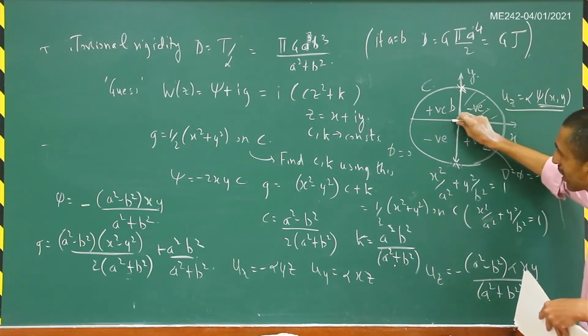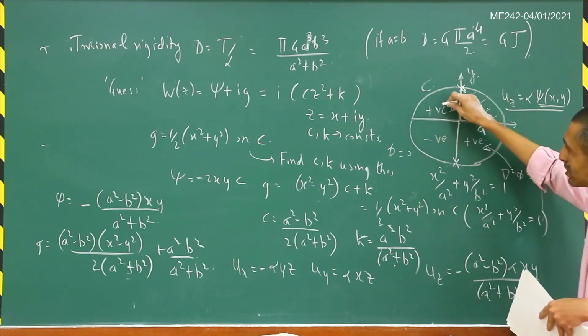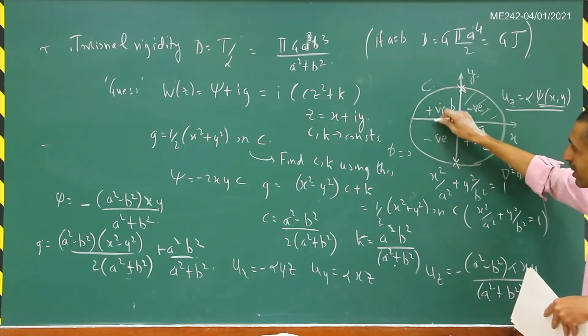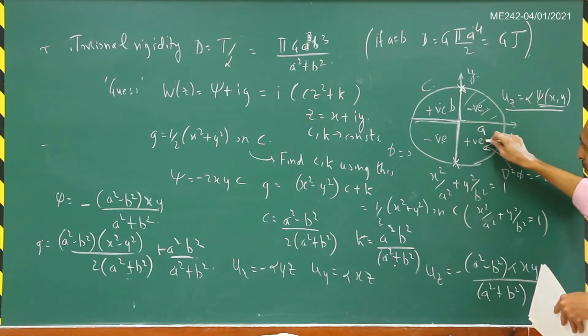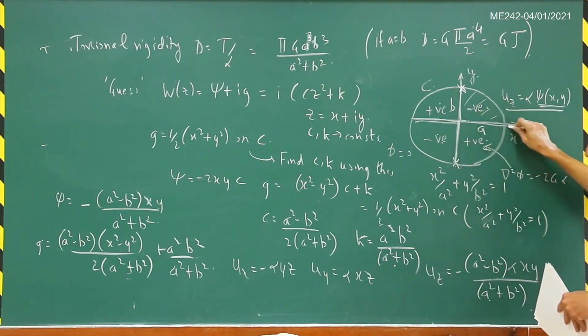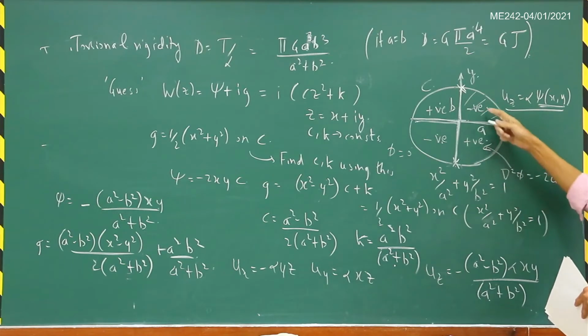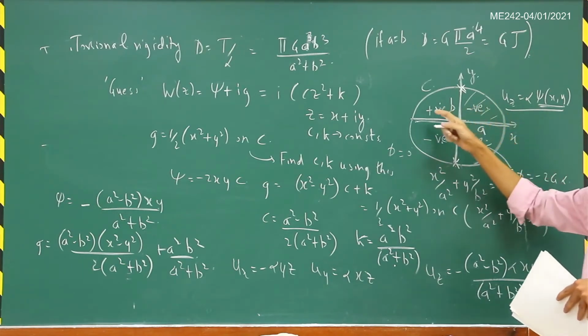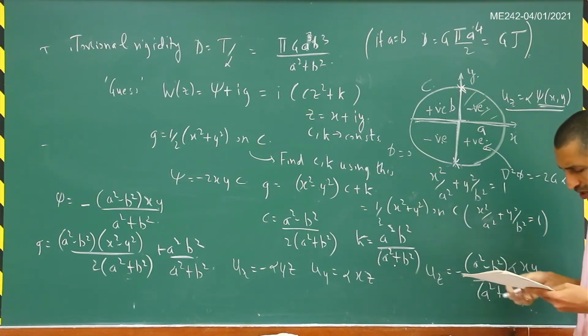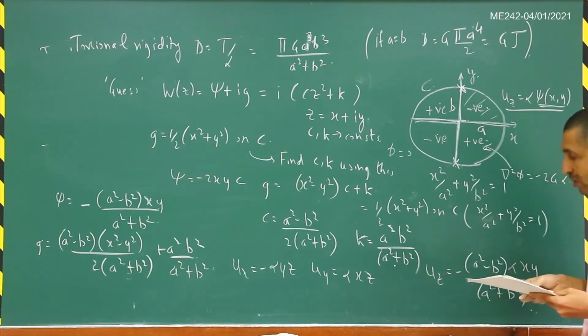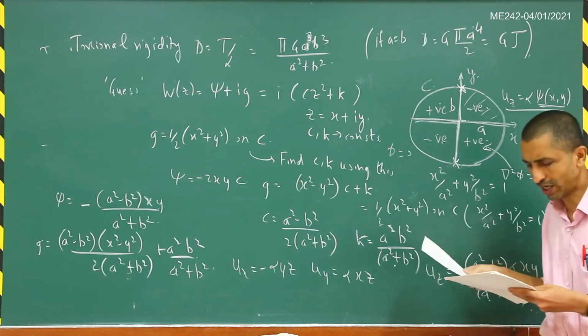Similarly along this line it is 0, but it goes from positive to negative, passing through 0. Similarly from negative to positive it passes through 0, and then from positive to negative, again through 0. So it is a very interesting pattern that is formed for the displacements using this analysis. Let us move ahead.